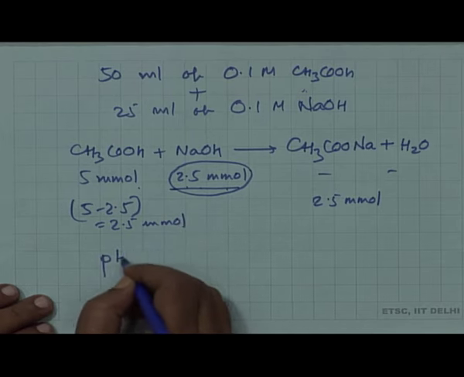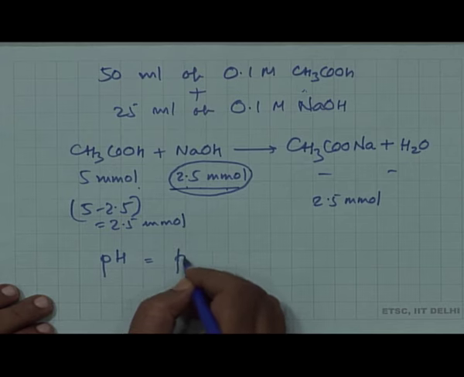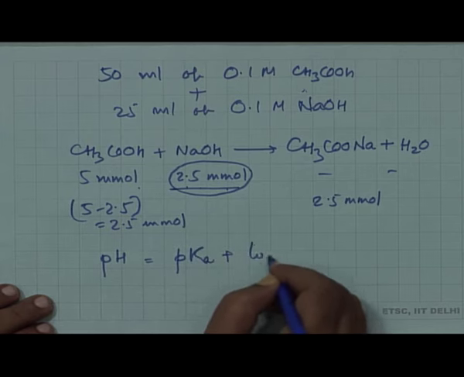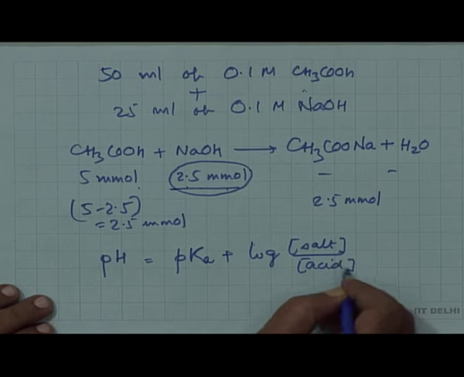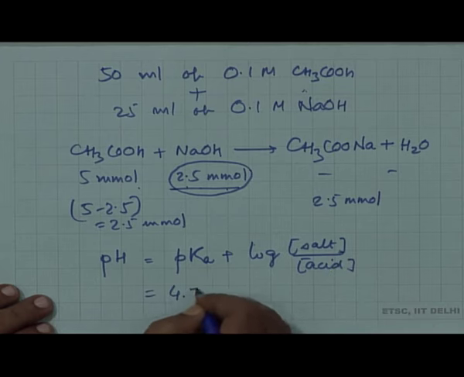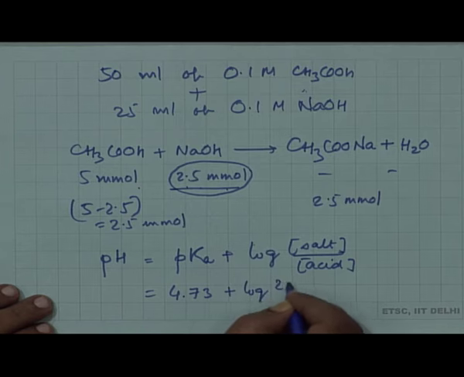And so, again pH can be calculated using the Henderson-Hasselbalch equation, pKa plus log salt by acid, and pKa is 4.73 for acetic acid. So, plus log 2.5 by 2.5.